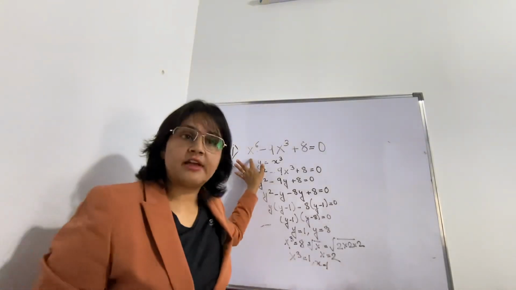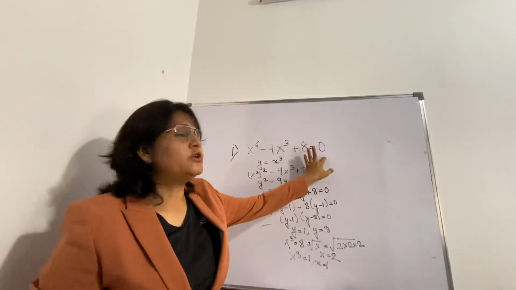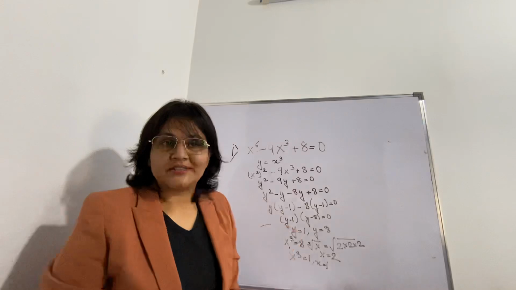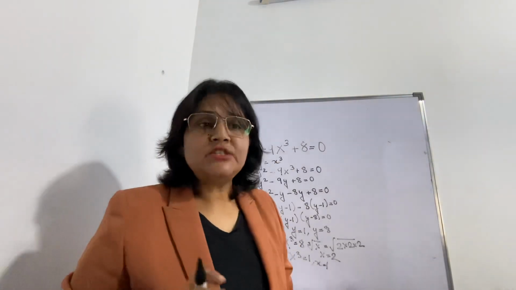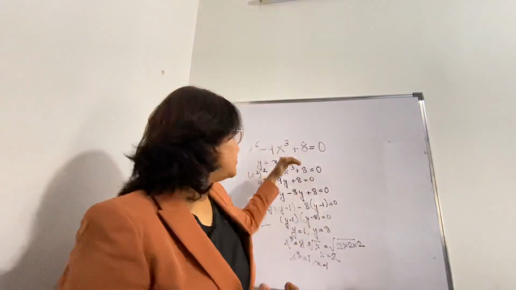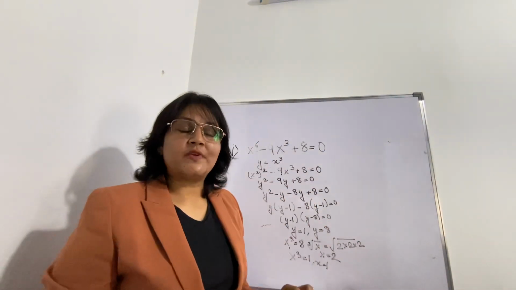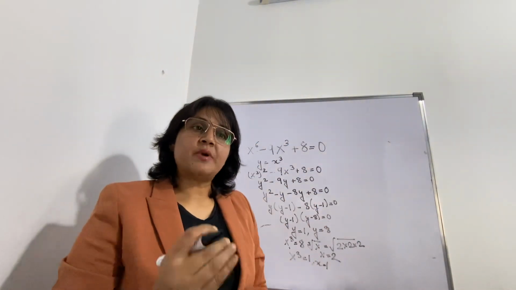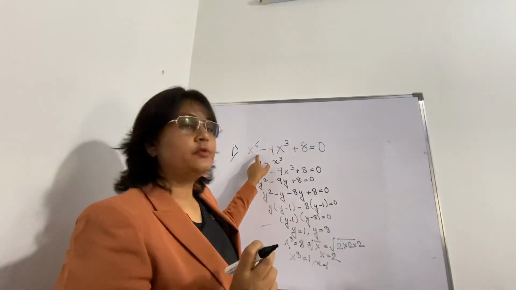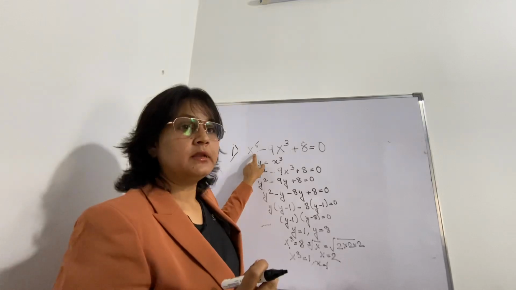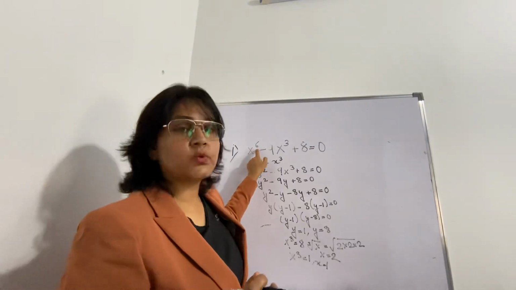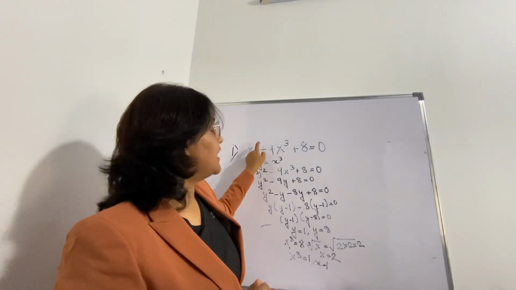When we substitute the value of x here, we will be able to prove that this is the right answer to the quadratic equation. So, please don't get scared of how high the power of x is. Just try to find out, if it is raised to the power of 2, what other variable we can assign, whether y is equal to x cube or y is equal to x squared, depending upon the exponent.